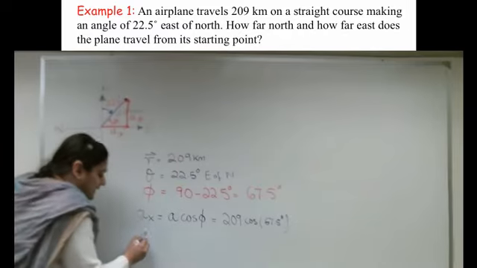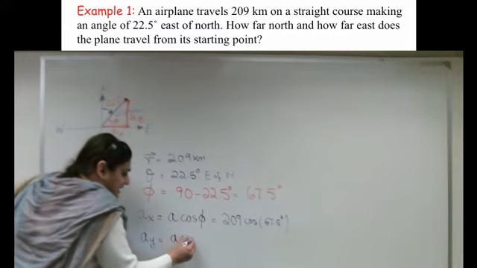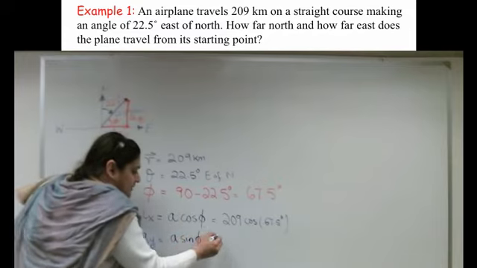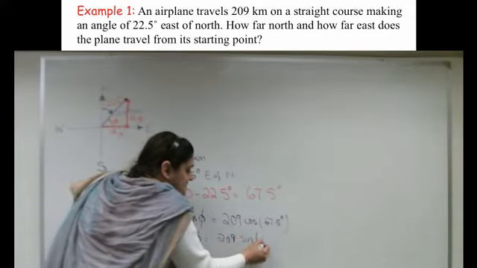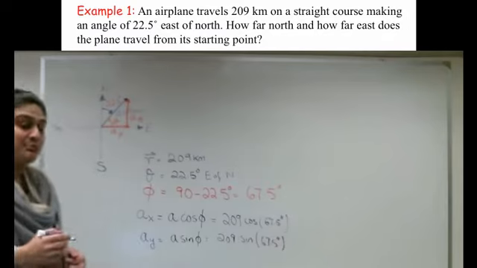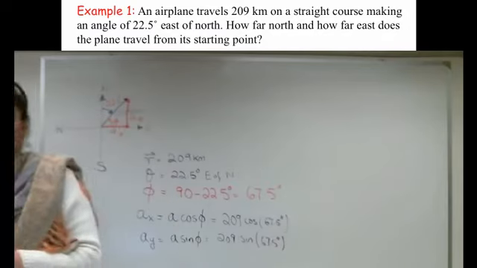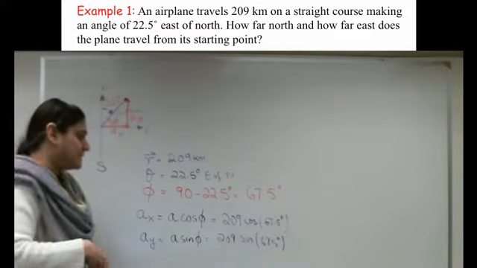And AY is A sine of phi, which is 209 sine of 67.5 degrees. Go ahead, plug the values in and come up with an answer.